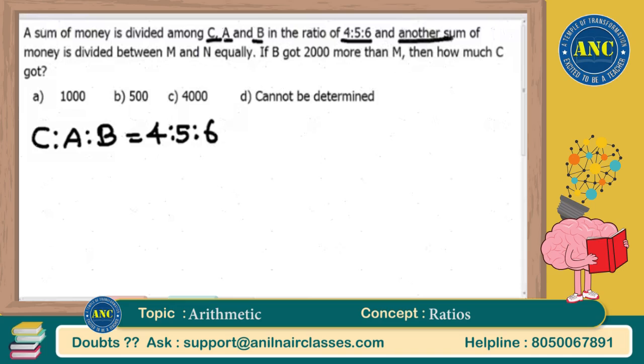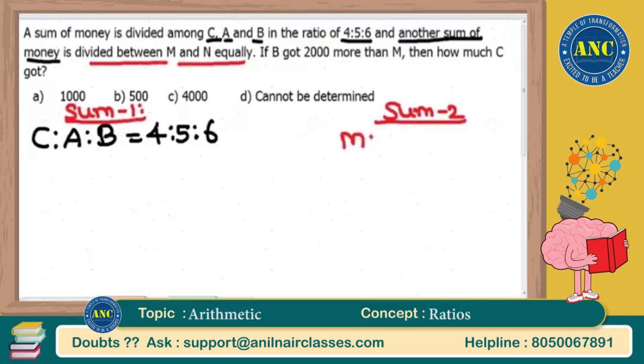I will call this sum 1. Another sum of money, that I will call sum 2, is divided between M and N equally. That means some other money is divided between M and N equally. Equal ratio is nothing but 1 is to 1. If B got 2000 more than M, how much did C get?